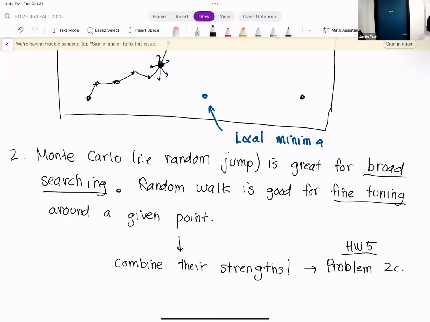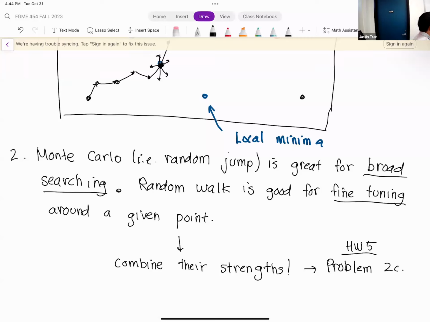That's probably going to be the first code I would rate as harder compared to all the previous ones, because you're not just debugging and chugging through an example code. You're actually going to need to combine codes together. You're going to take aspects of your Monte Carlo code, take aspects of your random walk code, combine them together, and that's going to be problem 2C.